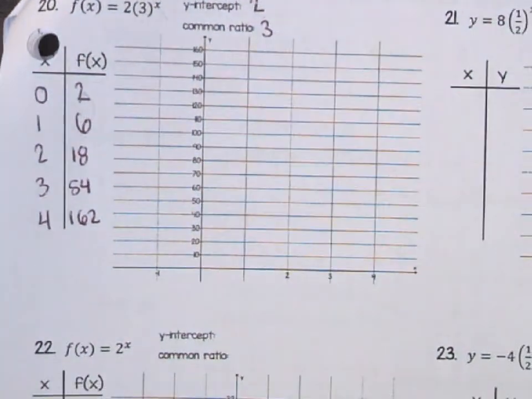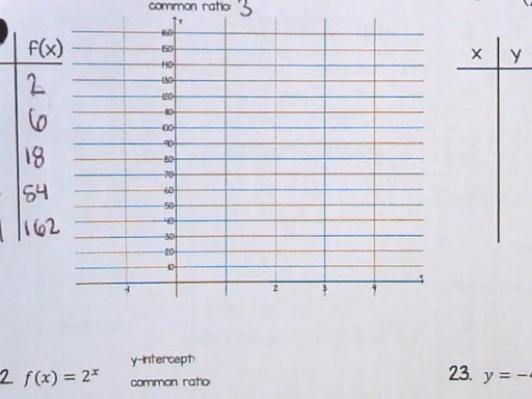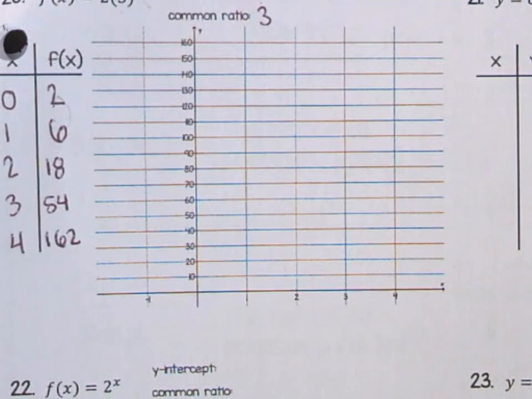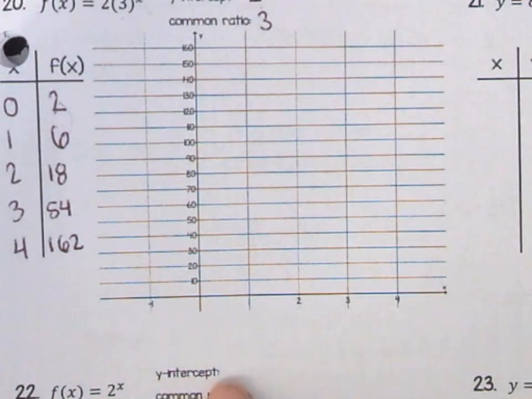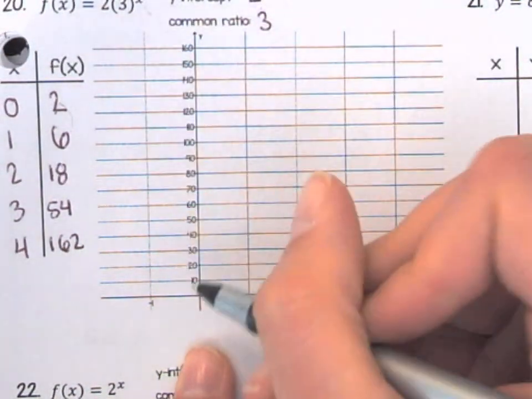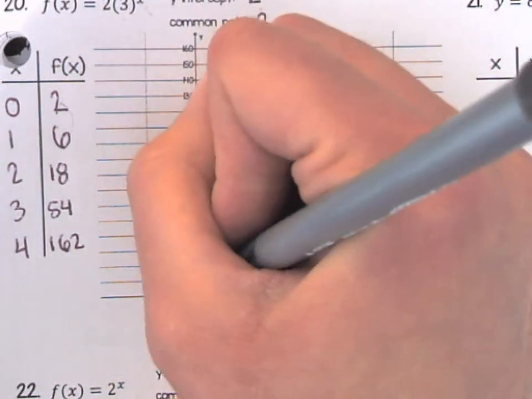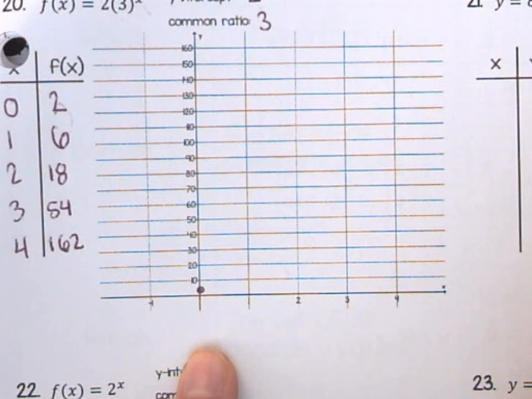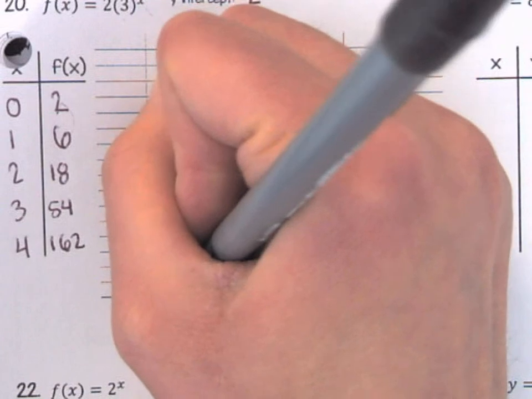To graph that, we come over here and you can see they're counting by tens, so it makes it kind of tricky to graph some of these numbers, but you just need to do your best approximation. So when x is 0, we're right here on this axis, we're at 2, so that's going to be a dot just above my line right there. And you could label this point 0, 2, okay?